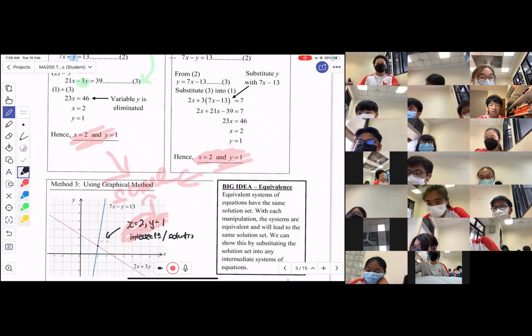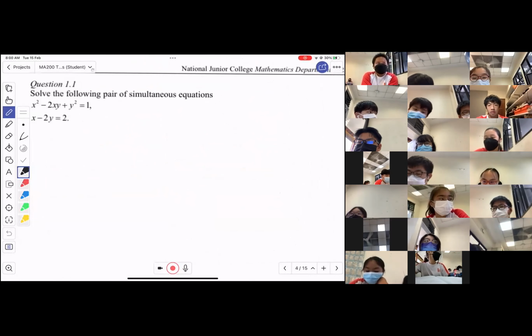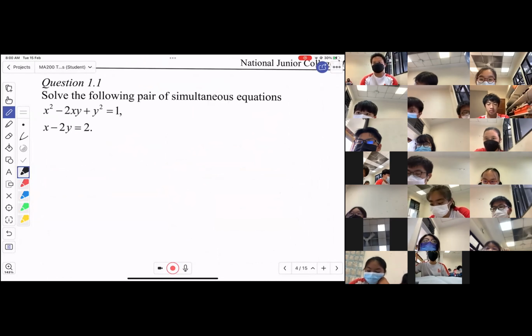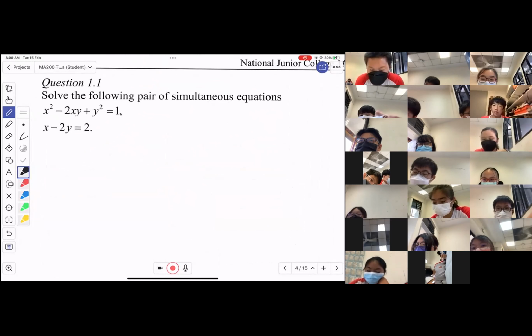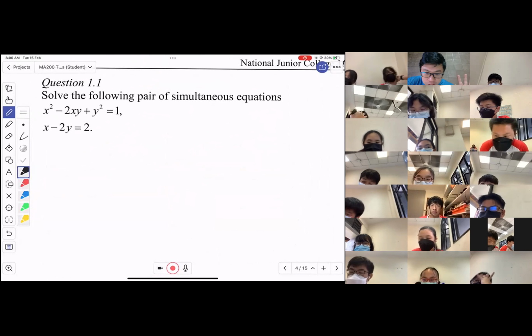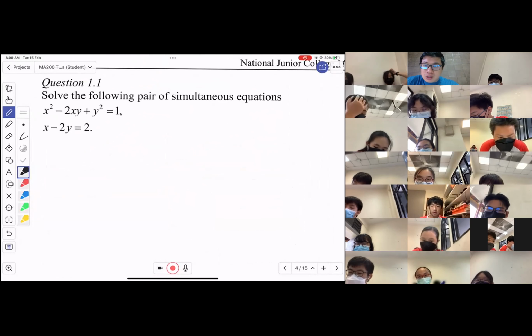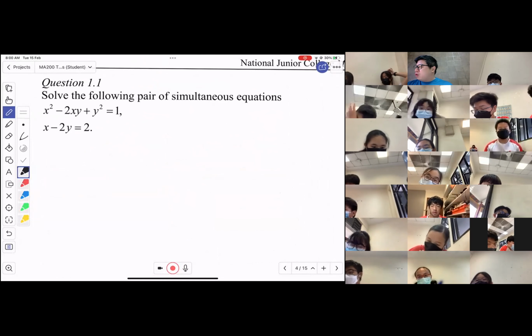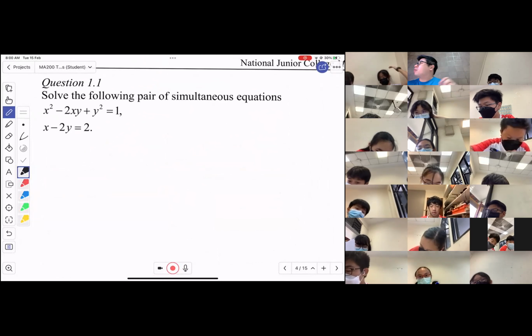I walk around. Okay, I go to the next one, which is question 1.1. Have you all completed this? Tohi shakes the head. So I'll give you about 2 to 3 minutes to complete this one. For those who are fast, you can go and do 1.2 to 1.5.